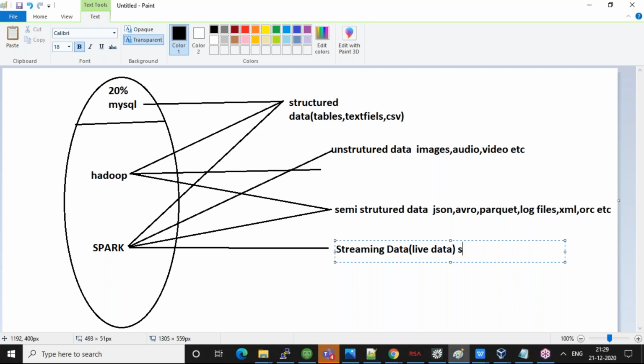We can give examples like the Swiggy app, Ola app, Uber app, and yes, Twitter also, exactly. Why do we call these live data? Suppose, for example, by using Uber or Ola, you have booked a cab.